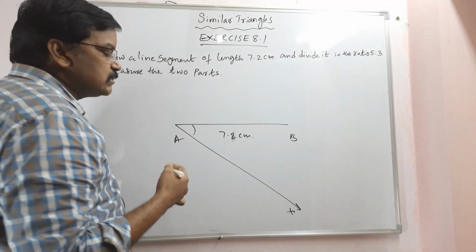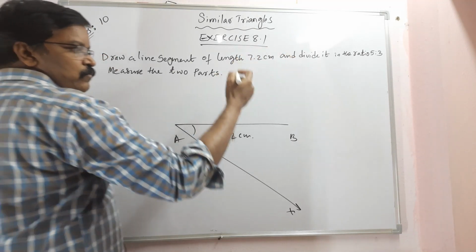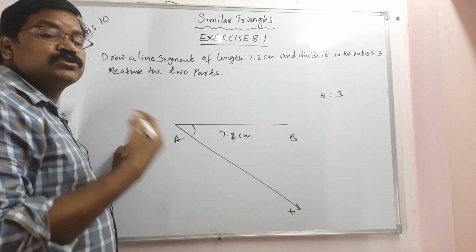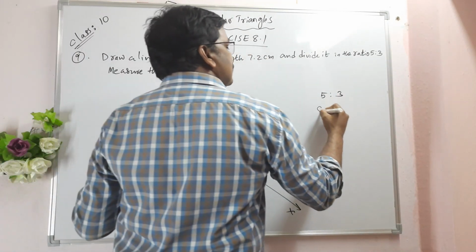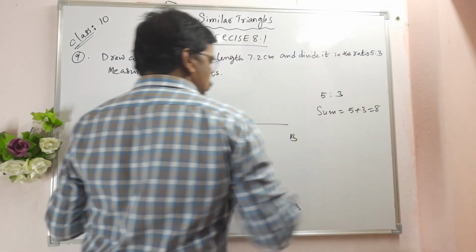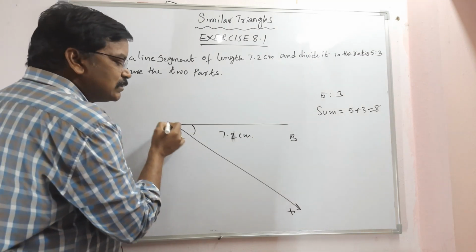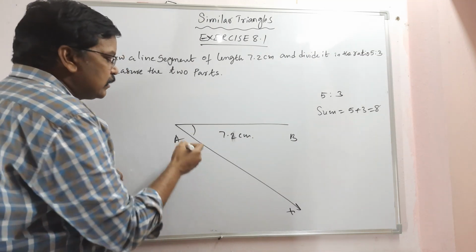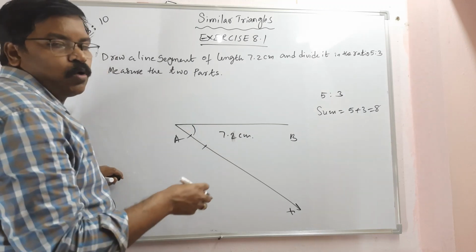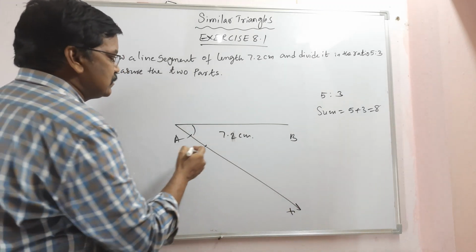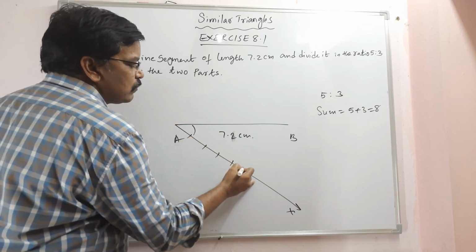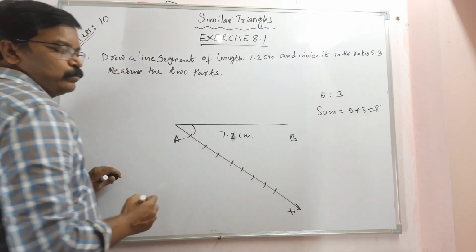Now what will you do here? We have to divide this line segment in the 5:3 ratio. What is the sum of the ratio here? 5 plus 3 is equal to 8. So on this ray, put 8 equal points: 1, 2, 3, 4, 5, 6, 7, 8.